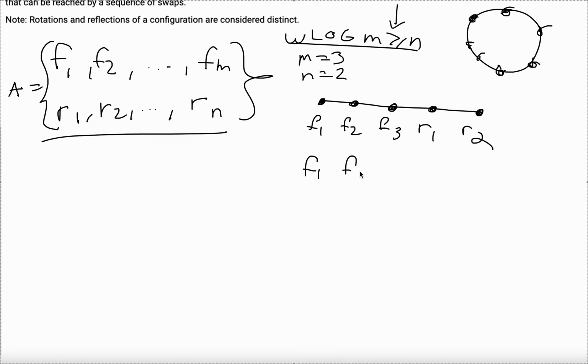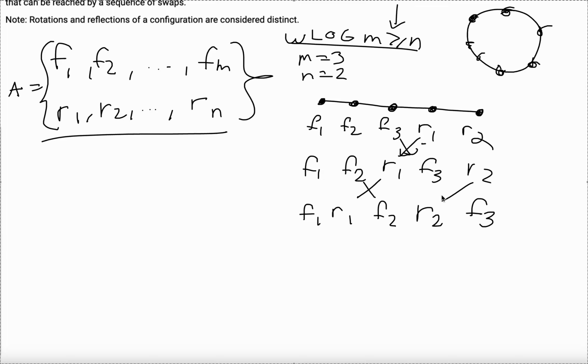So we get F1, F2, R1, F3, R2, because I swapped these two. So let's see, I'll swap again: F1, R1, F2, and I'll swap these two this time, R2, then F3. And so this one I actually did 2 swaps.